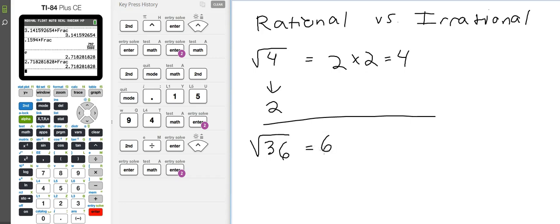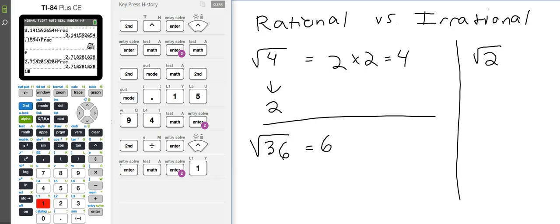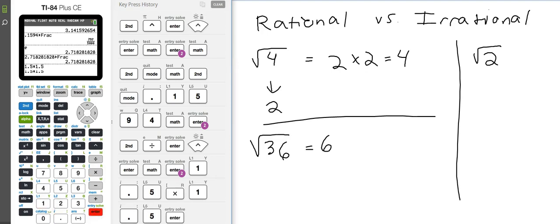Now, let's say we have the square root of 2. The square root of 2, are there two numbers that we can multiply by each other that will give us the square root of 2? Let's try. 1 times 1 is 1. 1.5 times 1.5, if you don't know this by heart, you could do this on your calculator. 1.5 times 1.5 is 2.25. That's going to give us 2.25.